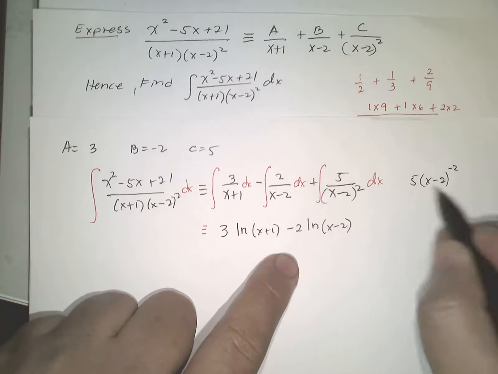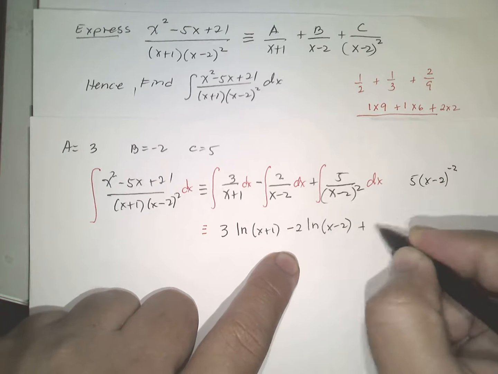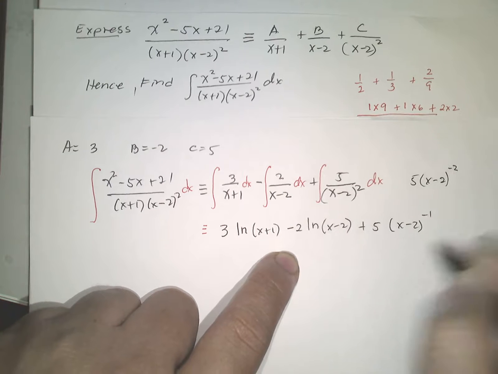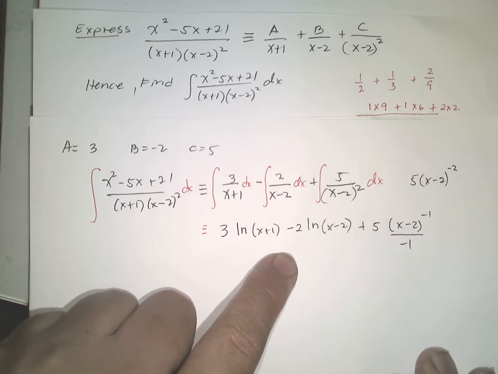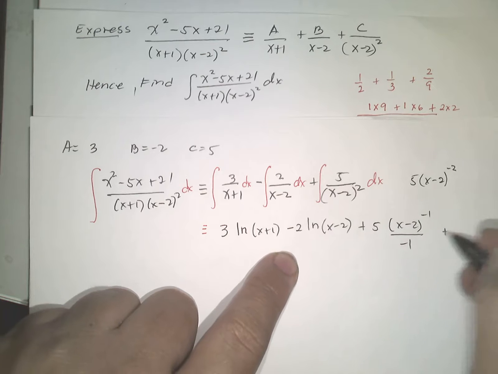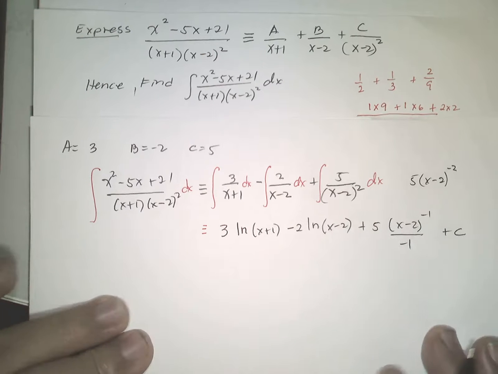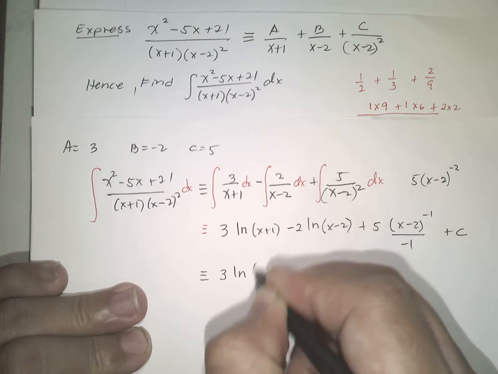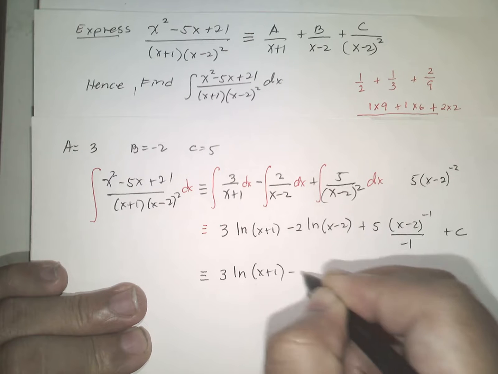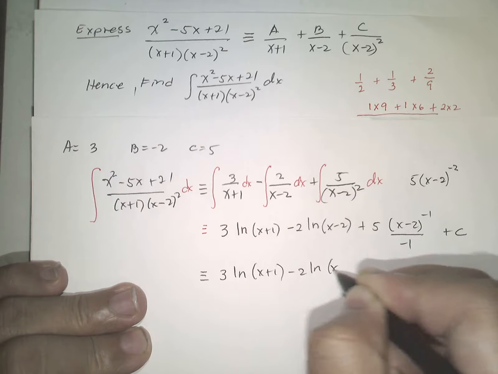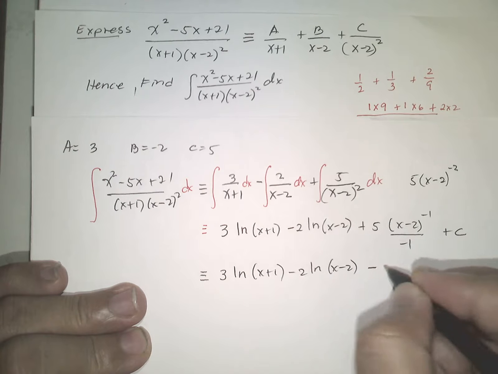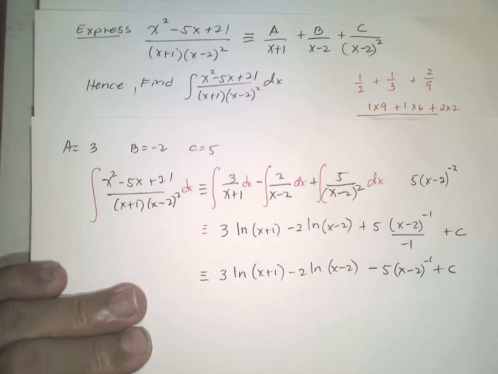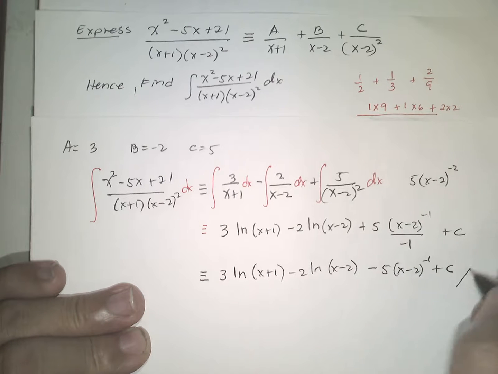So the integral of that is plus 5 times x minus 2 raised to negative 1 over negative 1. And then just simply add your arbitrary constant c. So therefore our final answer now is 3 ln x plus 1 minus 2 ln x minus 2 minus 5 times x minus 2 to the negative 1 plus c. That is now the final answer.